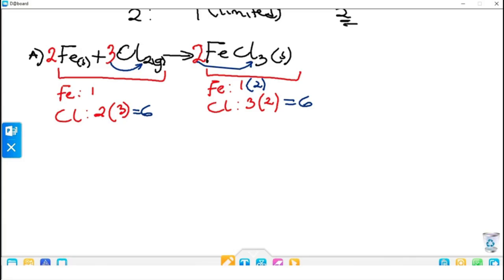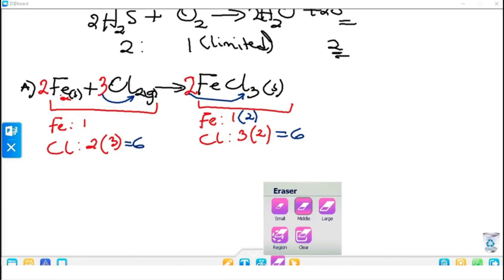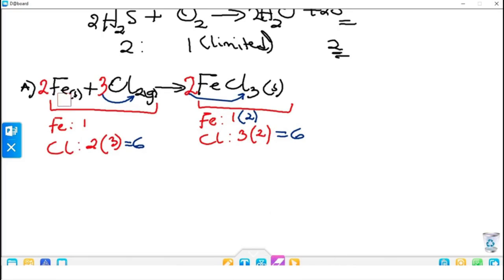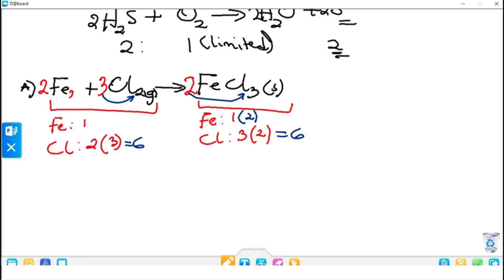For some students, they may think we have to place 2 in front of iron this way. Please never attempt to place 2 as a subscript. I want to feel some persons feeling like we should place 2 just here and never in front of iron.